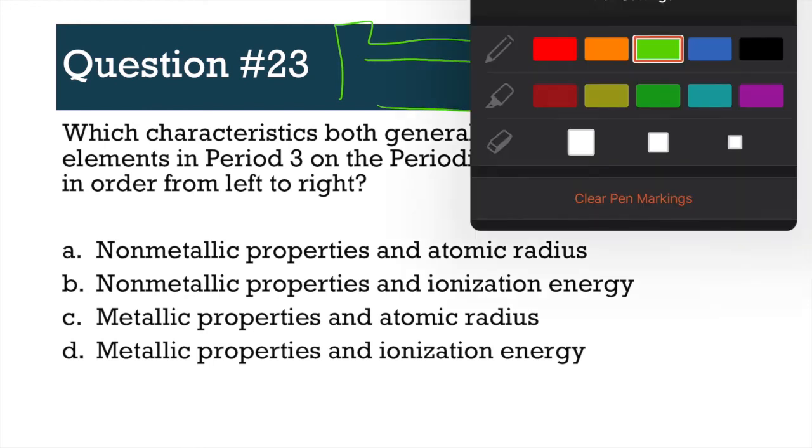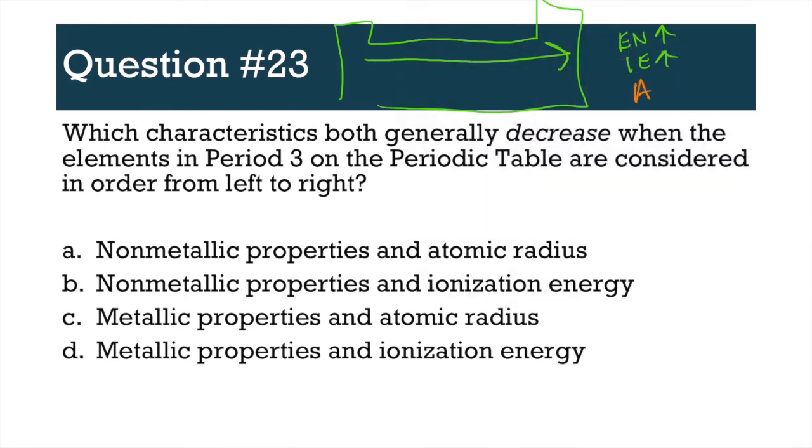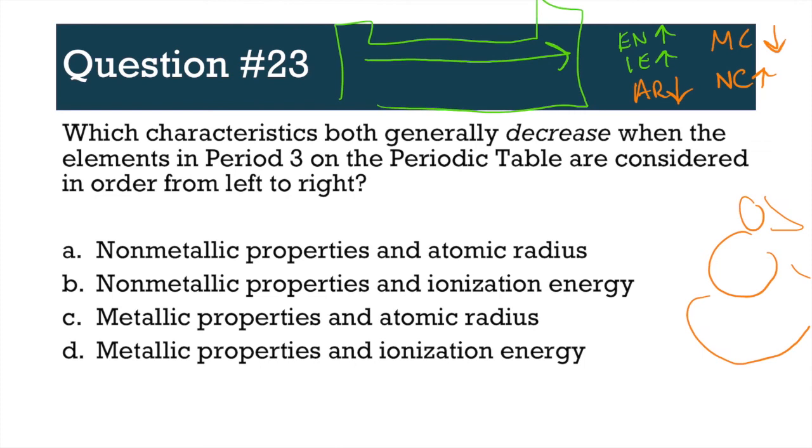But what's different now, if we think about the atomic radius, another trend we talked about, if you have that snowman, as you go across, atomic radius decreases, and your metallic character also decreases because you're going towards the nonmetals, so your non-metallic character would increase. And so your two decreasing things are metallic character and atomic radius, and that is answer choice C.